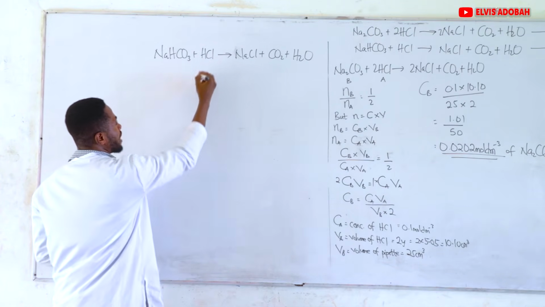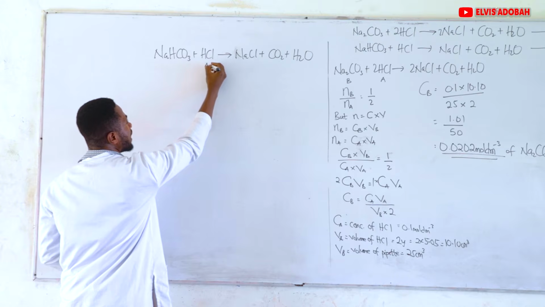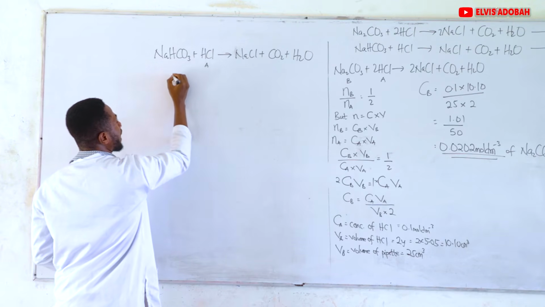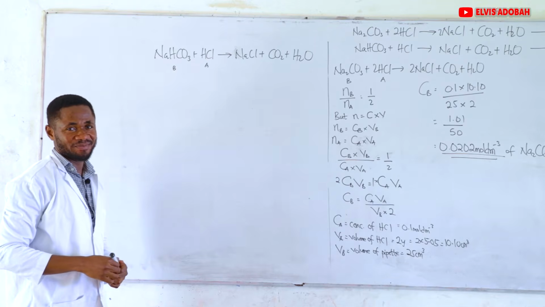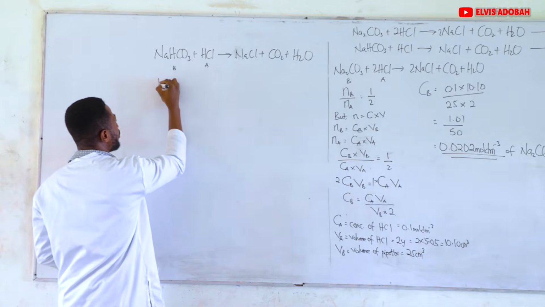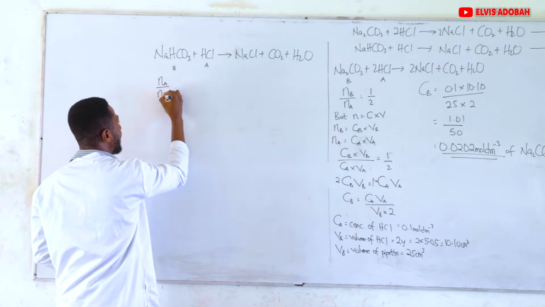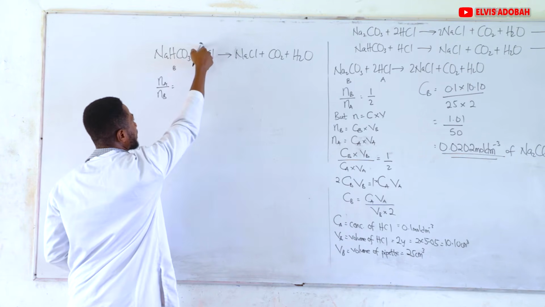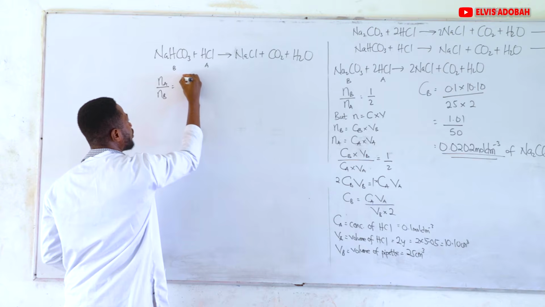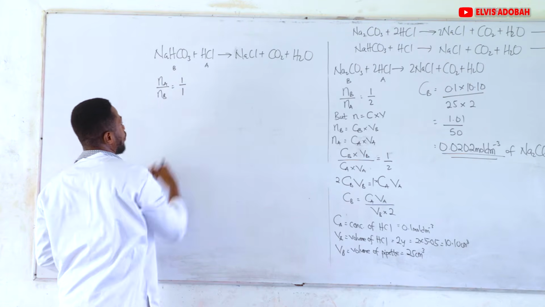And as usual, we are going to call HCl A and sodium bicarbonate solution B. Amount of A divided by the amount of B. We have 1 mole of B reacting with 1 mole of A. So the mole ratio is 1/1.